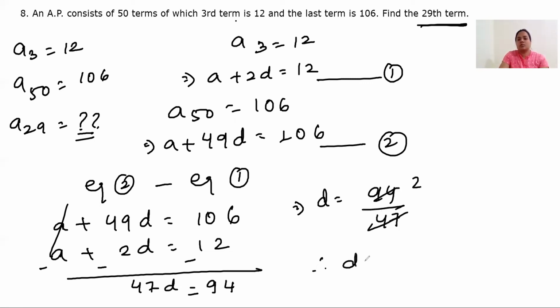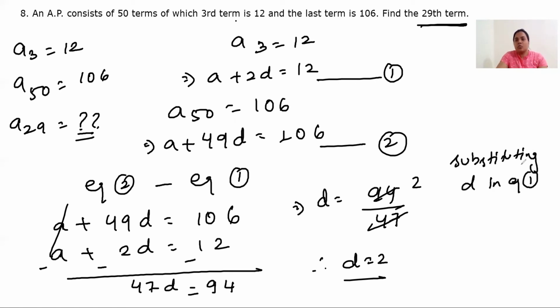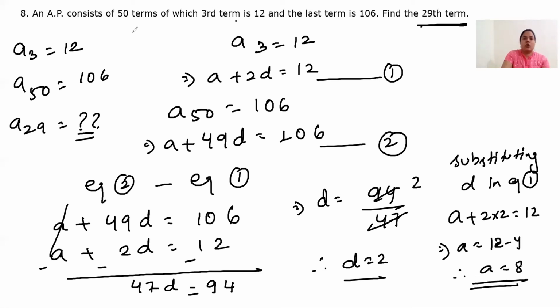So therefore d is 2. So substituting d in equation 1, a plus 2 into 2 is 12. Implies that a is 12 minus 4. Therefore a is 8. So we got a as 8 and d as 2. We have to find the 29th term.